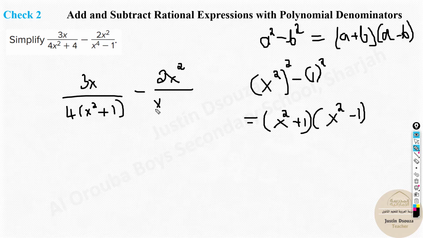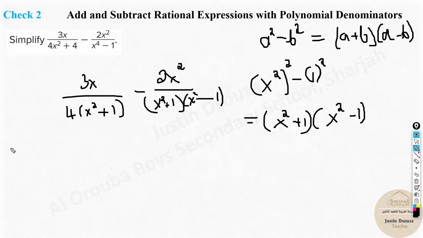Now the denominator over here is basically x squared plus 1, x squared minus 1. Now all you need to do is multiply the numerator and denominator by these two terms, by the denominators of the opposite sides.